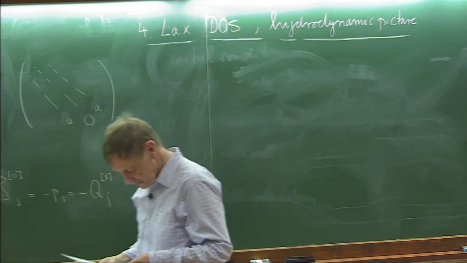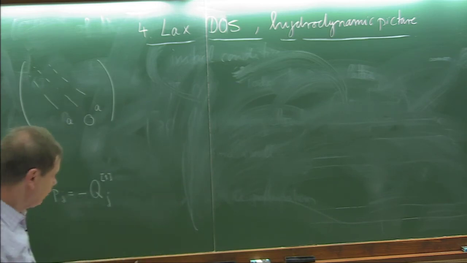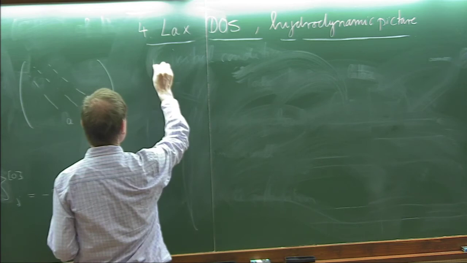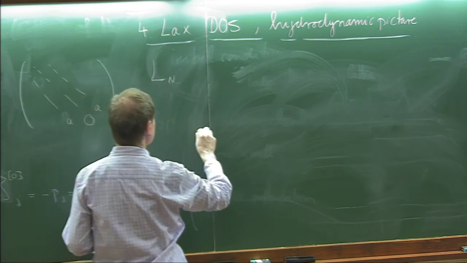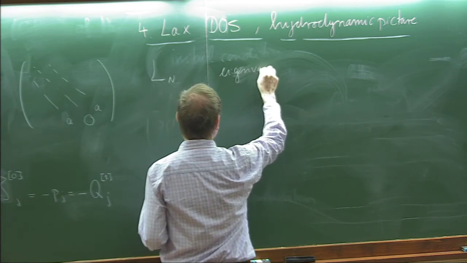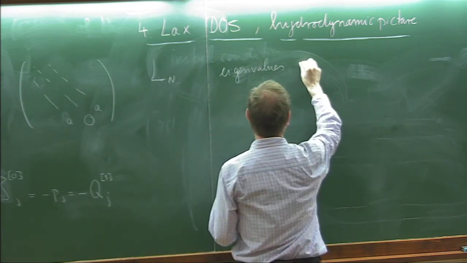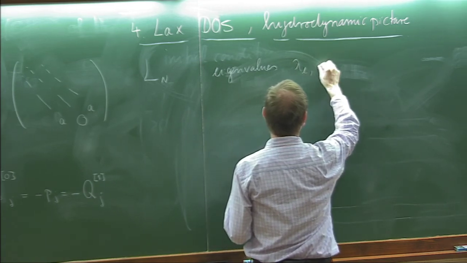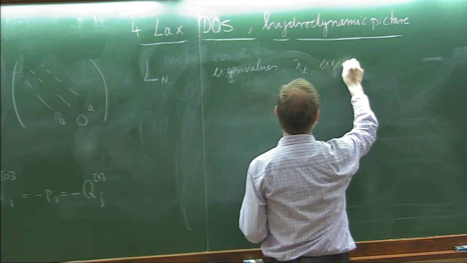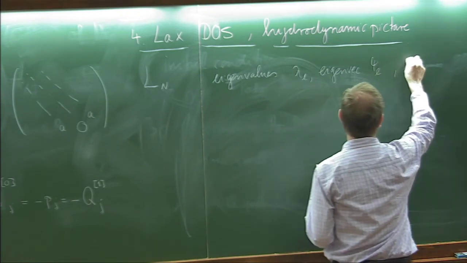And let's see. Okay, so let me look at the finite system again. So I have L_N, that's my Lax, and then I will have eigenvalues, I call lambda_l. I have eigenvectors phi_l.